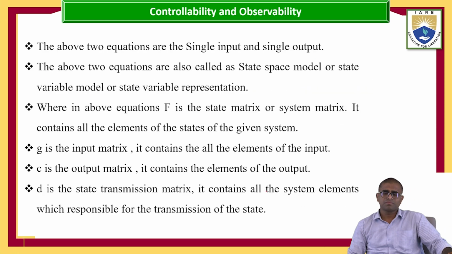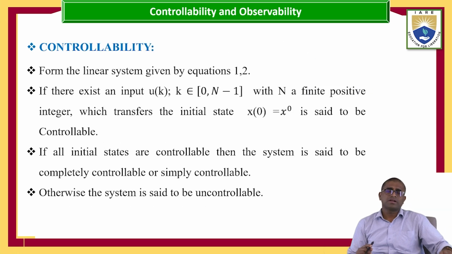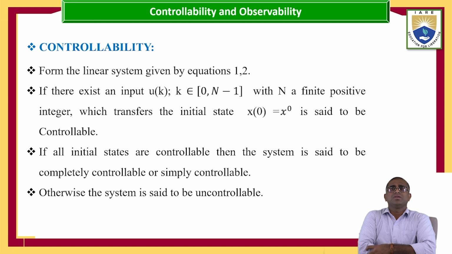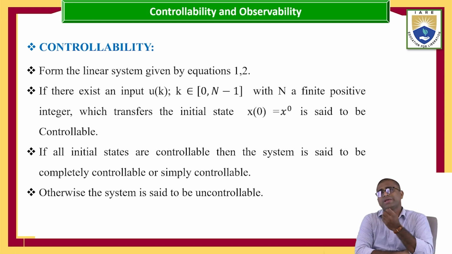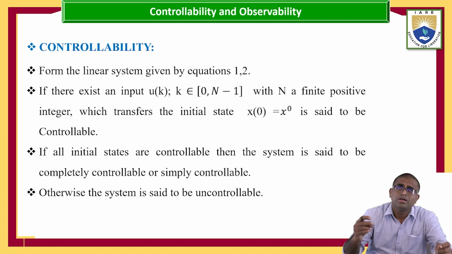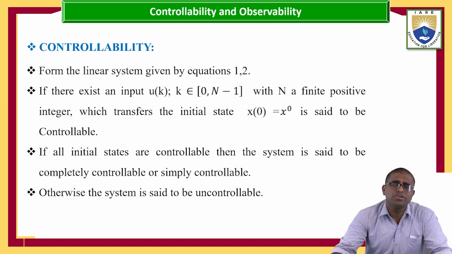Coming to controllability: if all the variables are inserted with the input variables, as in x of k plus 1 equals F into x of k plus G into u of k, then the input variables give a controllable action.